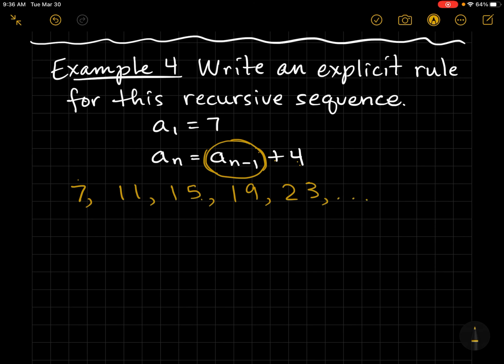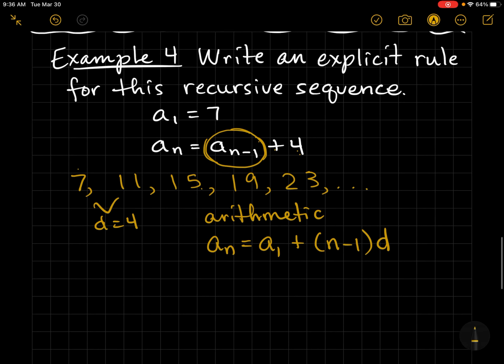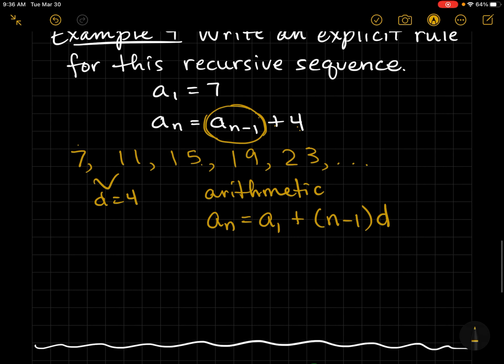Now, we can see that we have a common difference of 4. So this is arithmetic. So you can use your arithmetic a sub n formula, which is a1 plus n minus 1 times d. I hope you have all 5 of your formulas written down on a sheet. Makes it a lot easier.